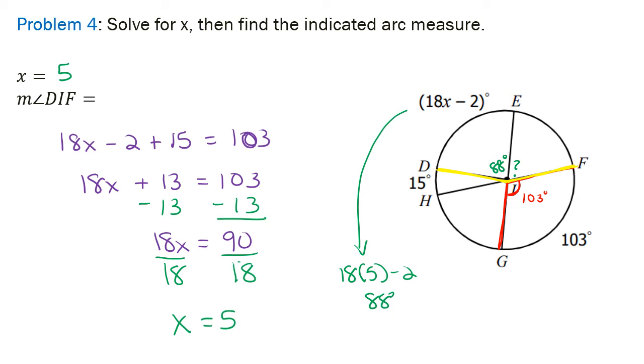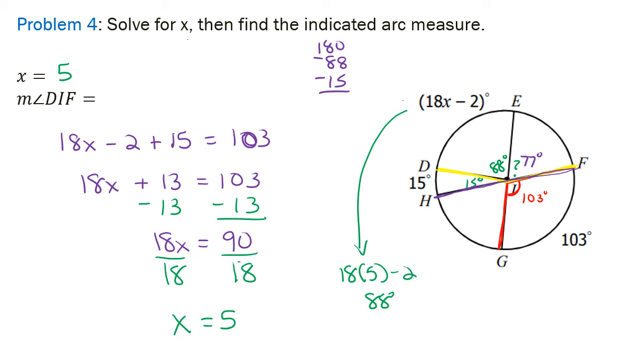We can see that this is 15 degrees because that's the same as its arc, and these three right here should add up to 180. So if I go 180 minus 88 minus 15, I can find out that angle with the question mark. So 180 minus 88 minus 15 is 77. So we know this is now 77 degrees.